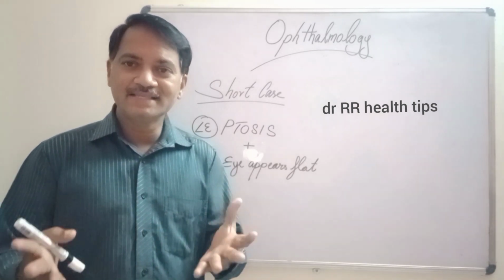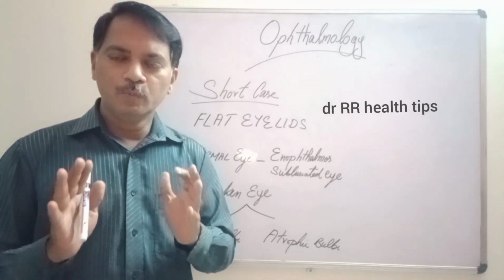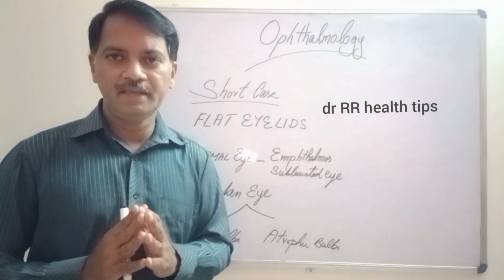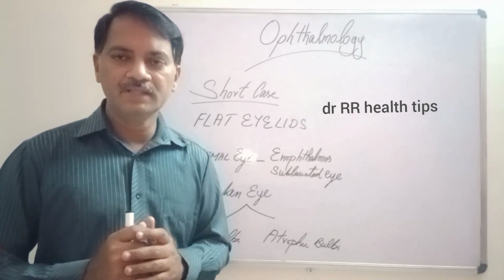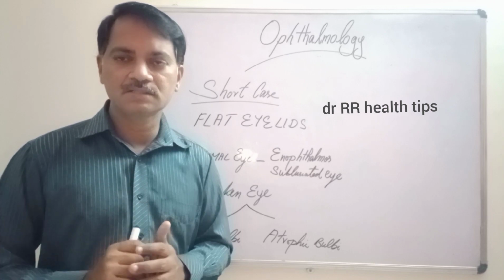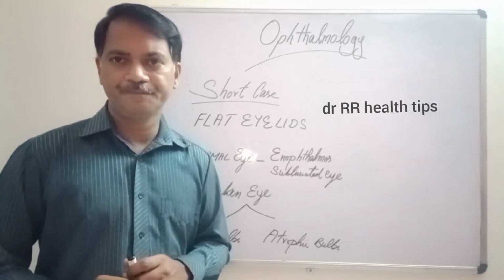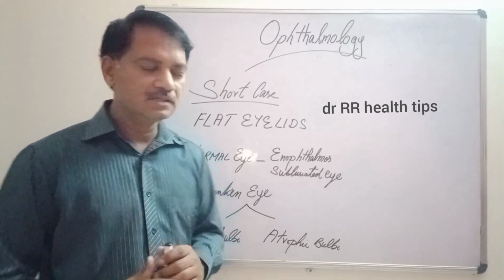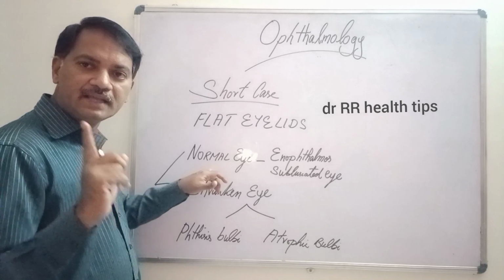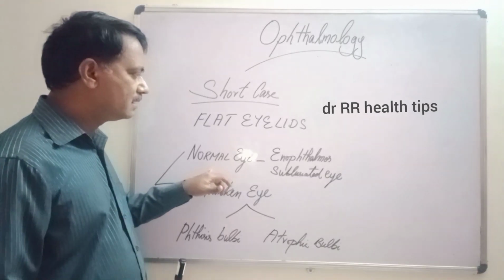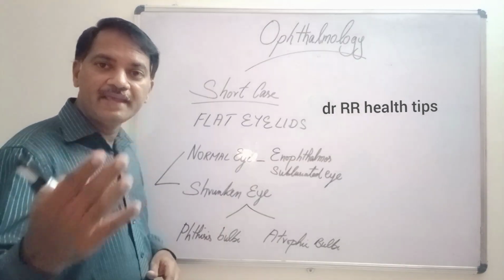What may be the reasons for this? Whenever we see a case where there is complete ptosis with flattening of the eyelids, it can be due to two reasons. The first reason is there will be a normal eye behind the eyelids, but it has got displaced.